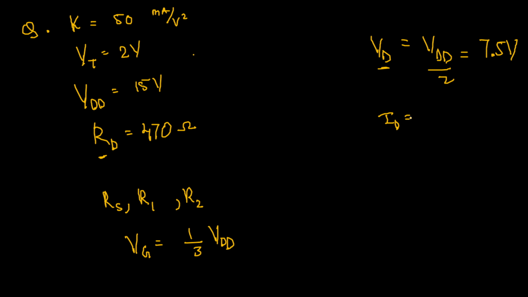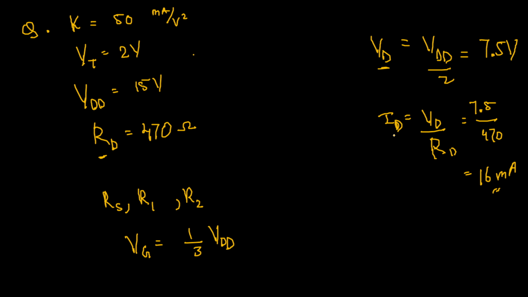So we can find drain current as VD by RD, and that gives us 7.5 divided by 470. Okay, so that is 16 milliampere. So this is the value of ID.